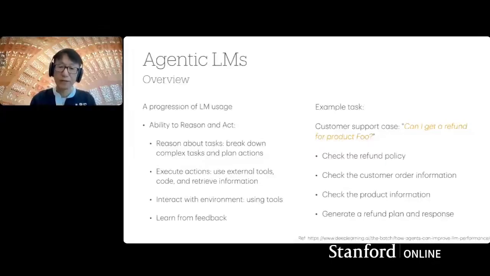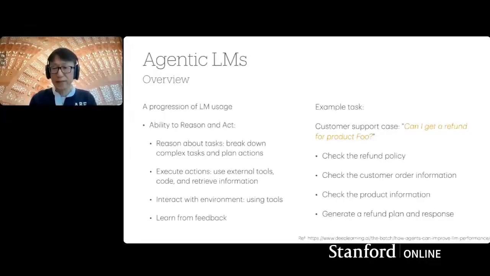So let's look at a concrete example here. If you have a customer support AI agent, how might it work? A customer asks, can I get a refund for product foo? Then the agentic system will break down this request into the following four different types of actions: check the refund policy, check the customer information, check the product, and then finally collect and decide what to do.